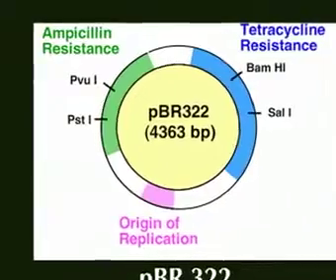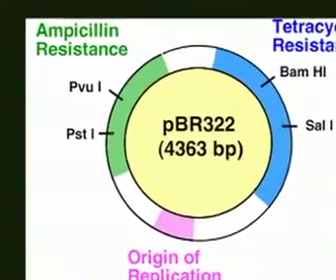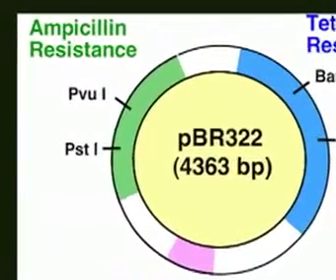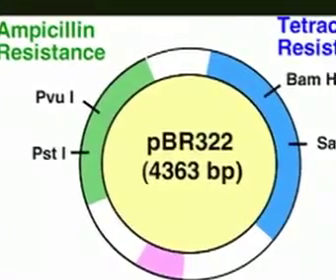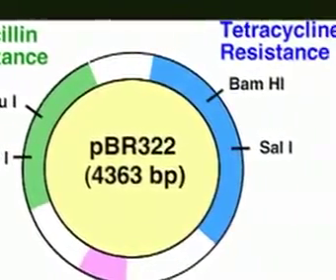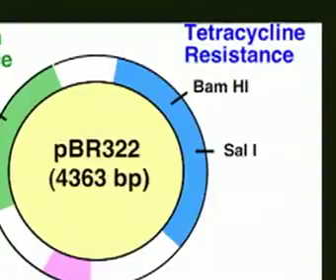One is the ampicillin resistance gene, coding for a beta lactamase, which modifies ampicillin into a form that is non-toxic to E. coli. And the other is the tetracycline resistance gene, which is a set of genes coding for enzymes that detoxify tetracycline.